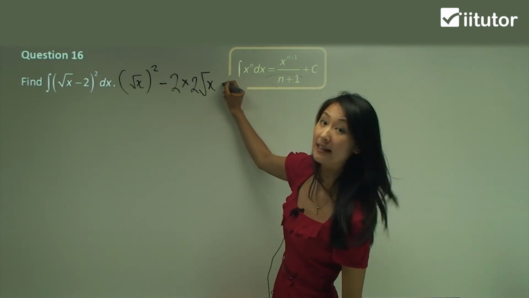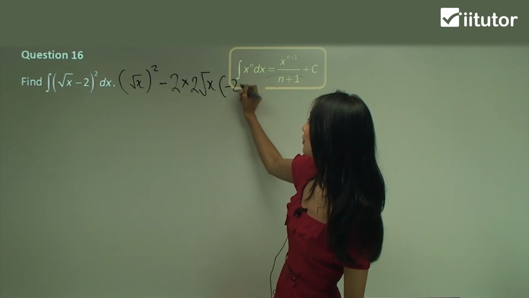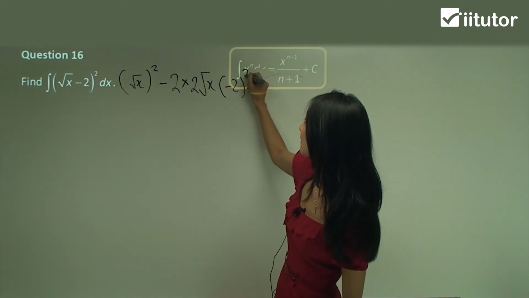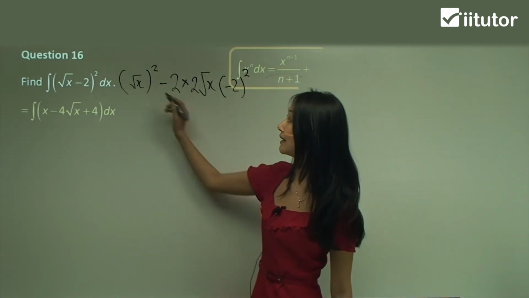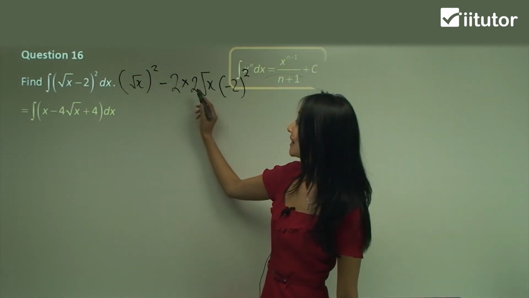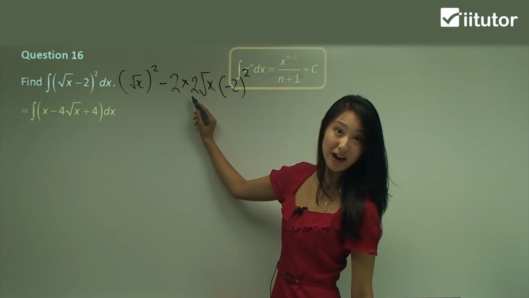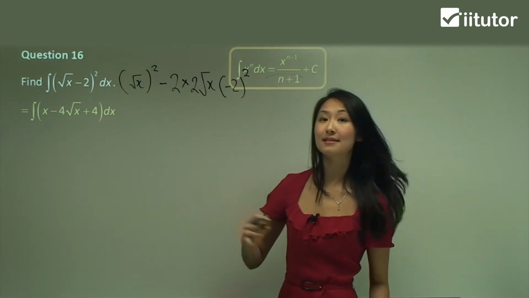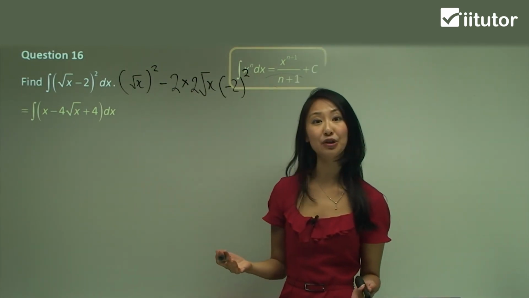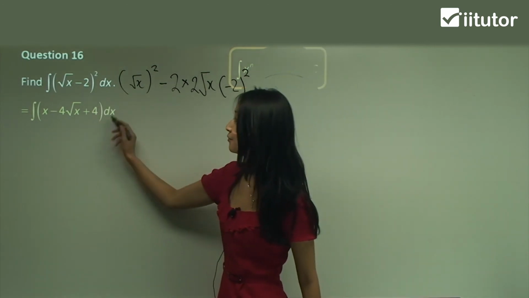And then finally, we have negative 2 squared. So this just becomes x. This becomes negative 4 square root x. And this, because it's negative 2 times negative 2, that's why we actually have plus 4 here.